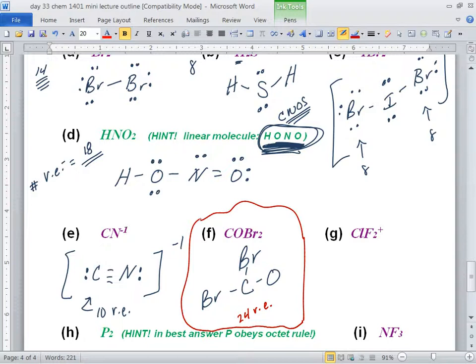Let me write this in here so folks can see it. So here's a good answer for F, right? ClF2 plus. So Cl has to be in the center, surrounded by two Fs, right? Remember, Cl has to be in the middle, surrounded by two Fs.